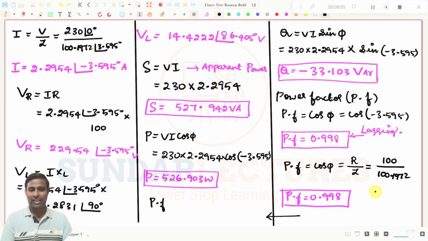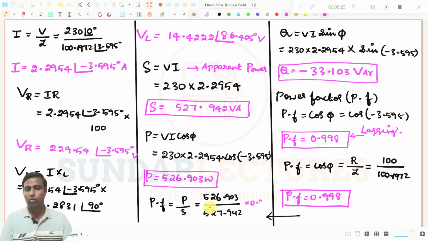Power factor can also be written as P by S. P here is 526.903 divided by S, which is 527.942. If I simplify this, it comes out to be 0.998. So upon how much apparent power I give to the circuit, this circuit utilizes 99.8% of the given power.